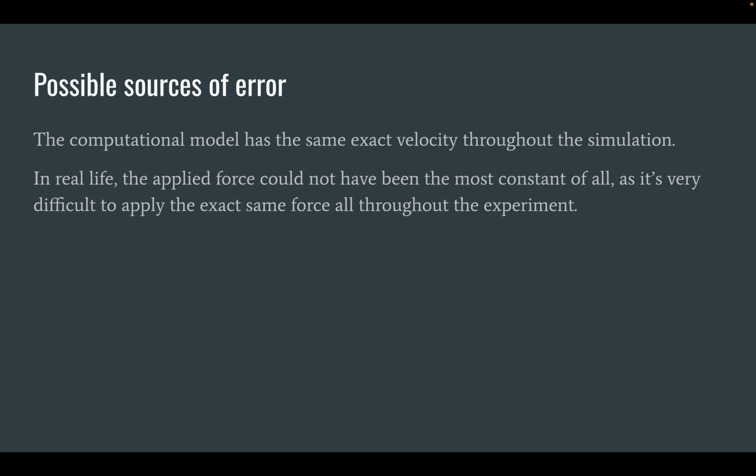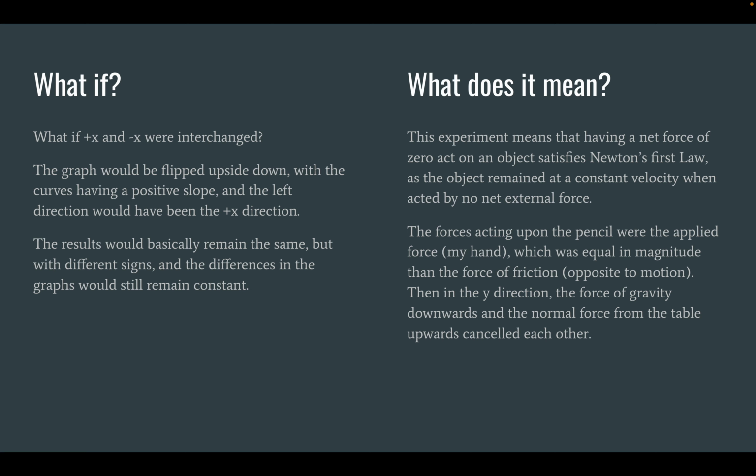A possible source of error is that in real life the applied force could not have been perfectly constant, as it's very difficult to apply the exact same force all throughout the experiment with my hand, while the computational model has the exact same velocity throughout the simulation, which is why it was smooth.